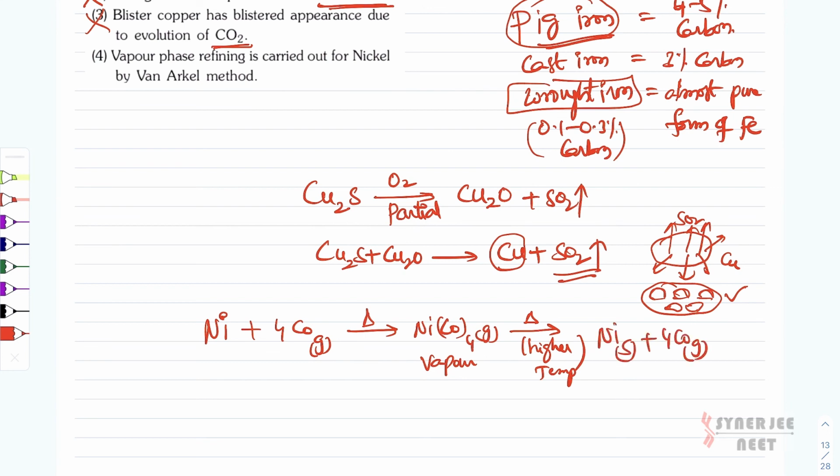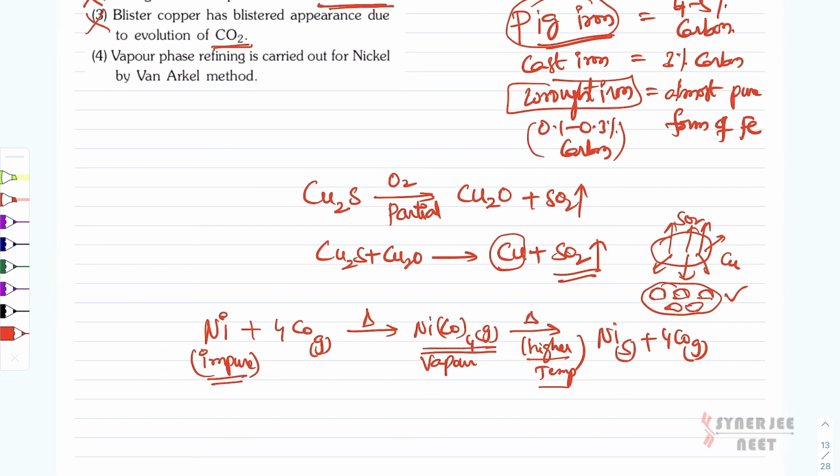See here, this is impure nickel. Some impurities are there with the nickel. When you heat with carbon monoxide, only nickel joins with the carbon monoxide and converts into the gaseous state, leaving behind the impurities. Impurities are left below and gas is collected from the top. This gas is again heated at a higher temperature than the previous one.